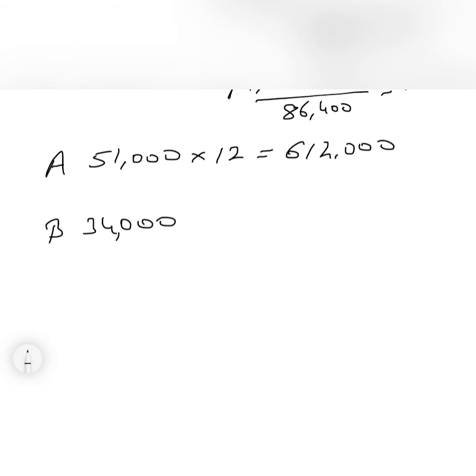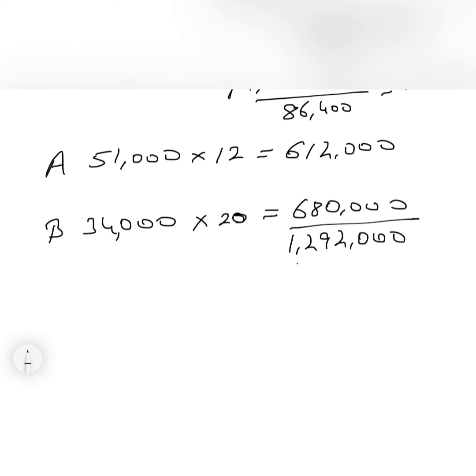And at 34,000 hours, employee B, at $20 per hour, should have spent $680,000, which is a total of $1,292,000 here.